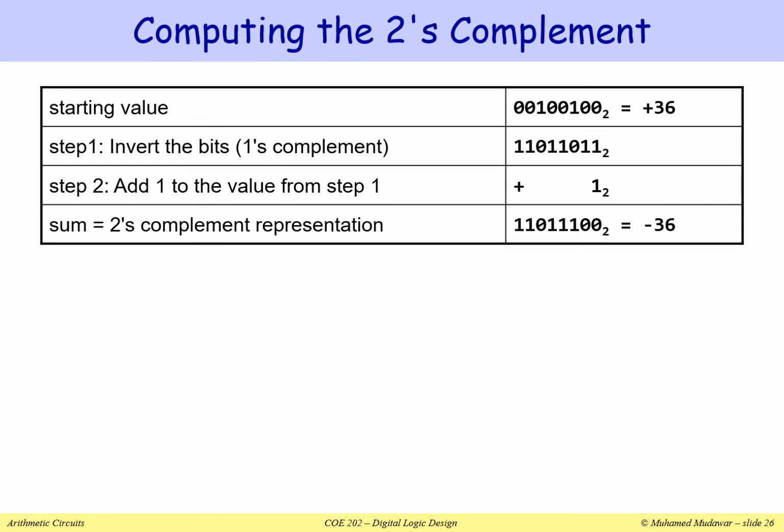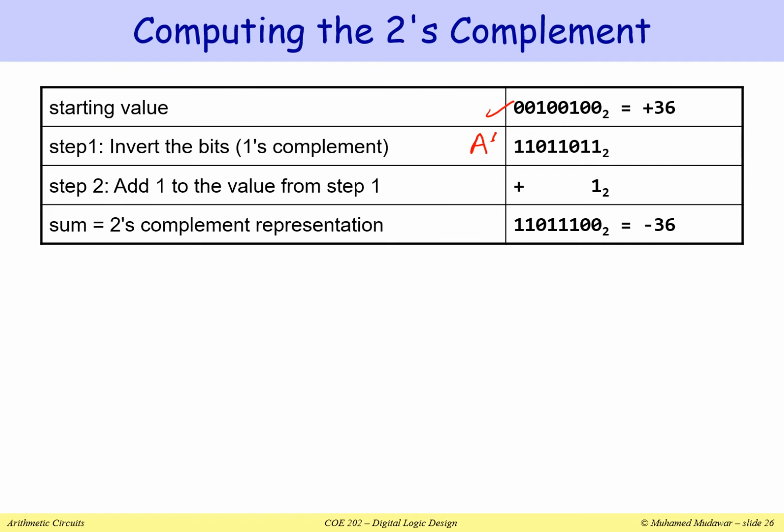Here's a simple example for computing the 2's complement of a number. You start with a number, for example, plus 36. You can say that plus 36 is this number here in binary. The first step is to obtain the 1's complement of a. So this is a prime. You invert all the bits. The 0 becomes a 1 and the 1 becomes a 0.